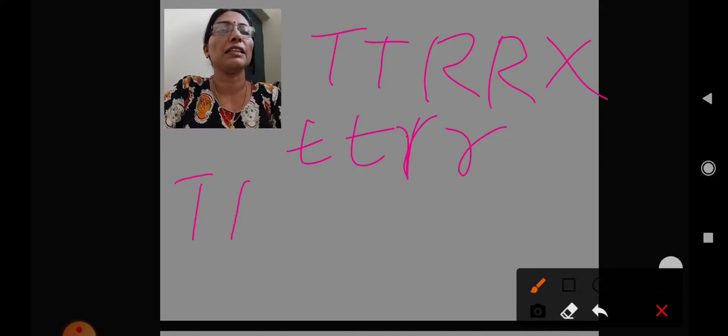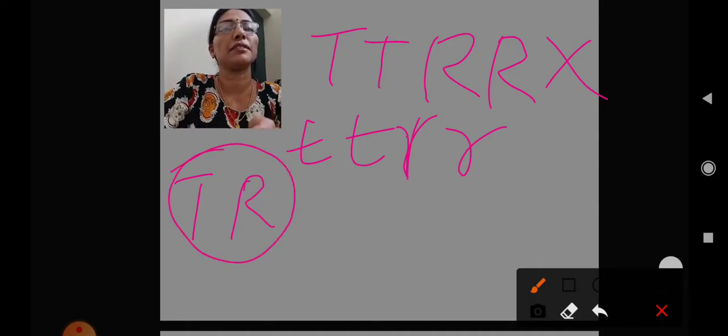Capital T and capital R are the gamete of the first parent.